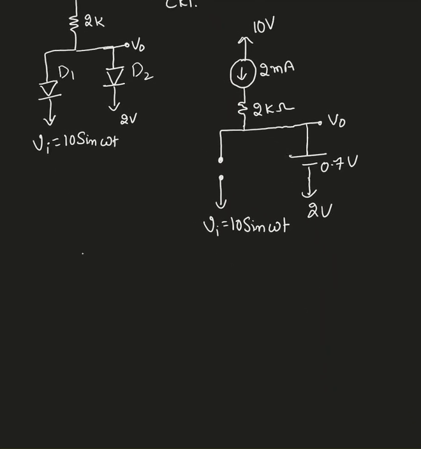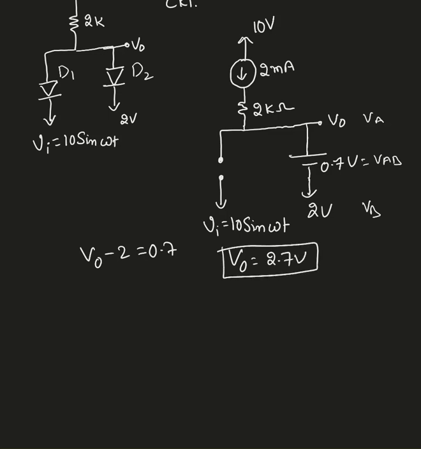If this is VAB, with 0.7 volts, this is VA and this is VB, VAB equals VA minus VB. Based on that, V0 minus 2 equals 0.7, so V0 equals 2.7 volts.